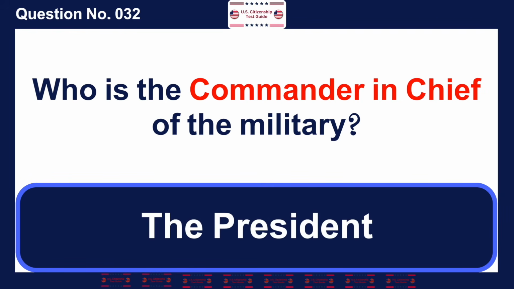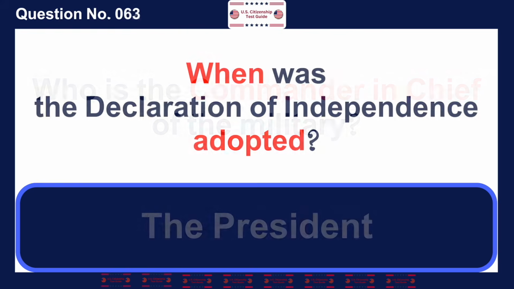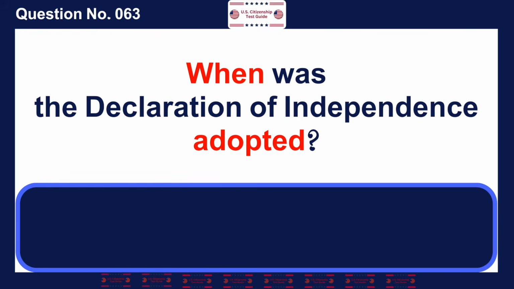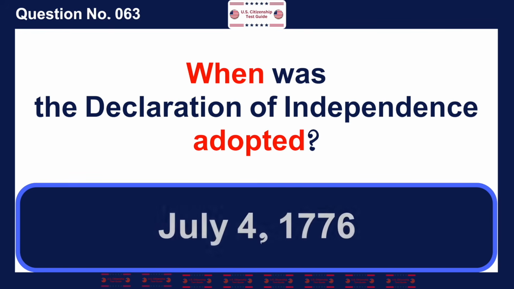The President. When was the Declaration of Independence adopted? July 4th, 1776.